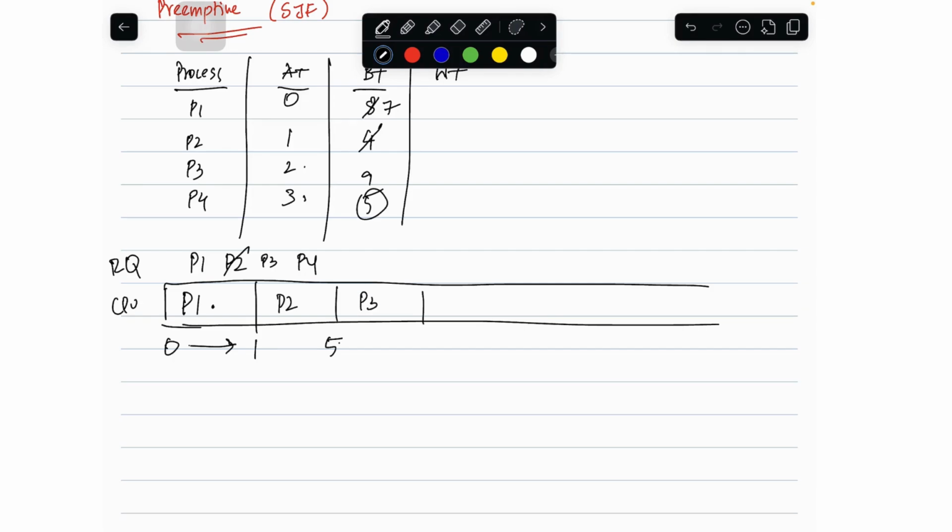Now P3 gets a slice of CPU from 5 till 10, because it runs for 5 units of time, and then we put P1 back in. It runs for 7 units of time, which is 17, and P3 runs for 9 units of time, which is 26.